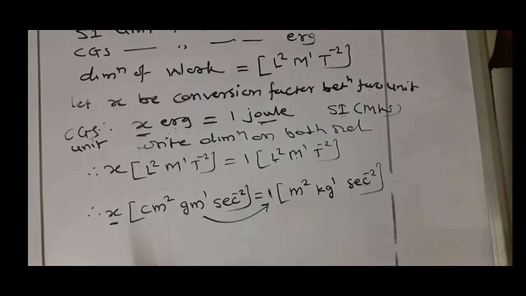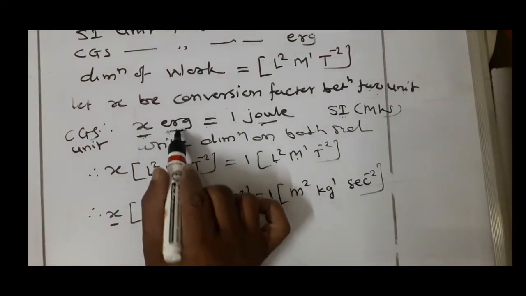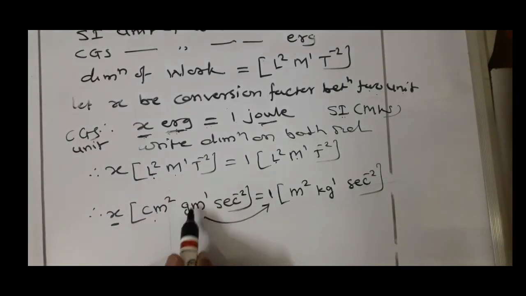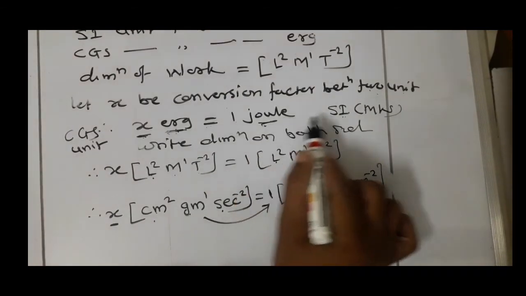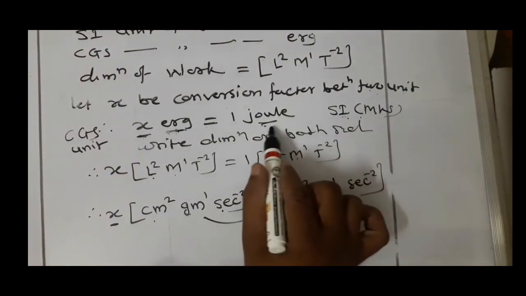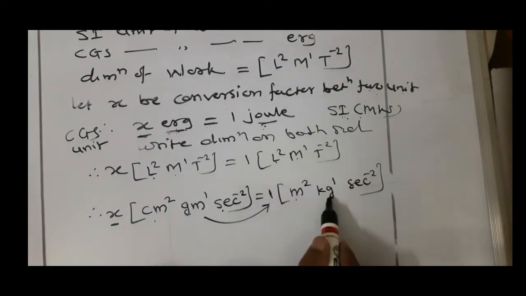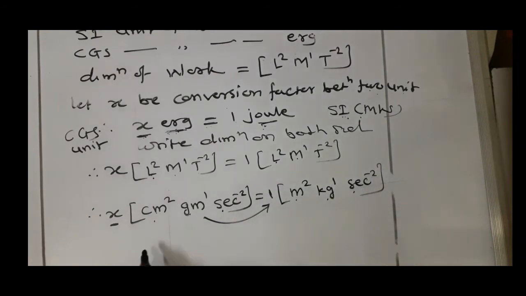You remember that the erg is the CGS unit. Therefore, here length is measured in centimeter, mass is measured in gram, and time is measured in second. Here, joule is the MKS unit, so we can write that length is measured in meter squared, mass is measured in kilogram, and time is measured in seconds raised to minus 2.